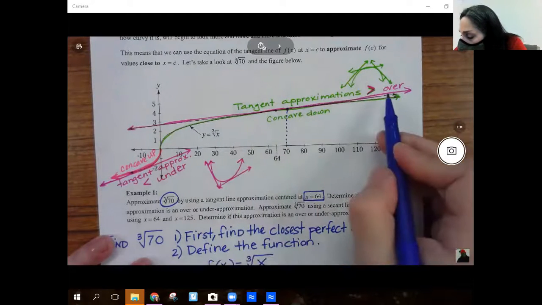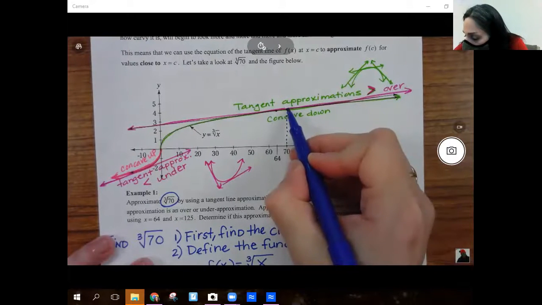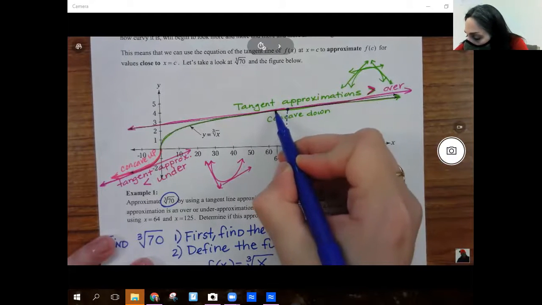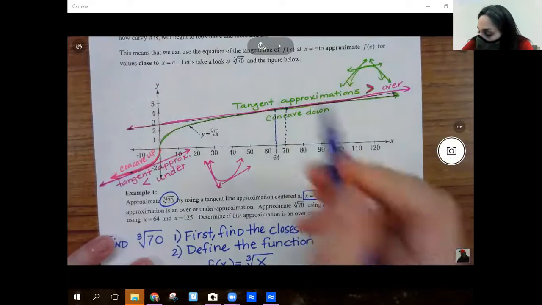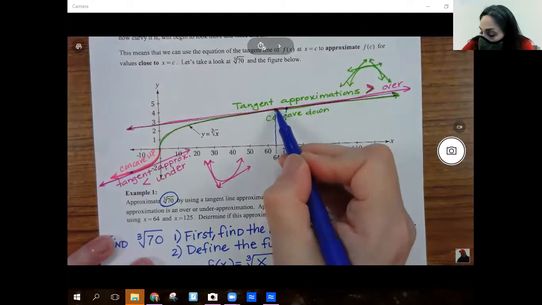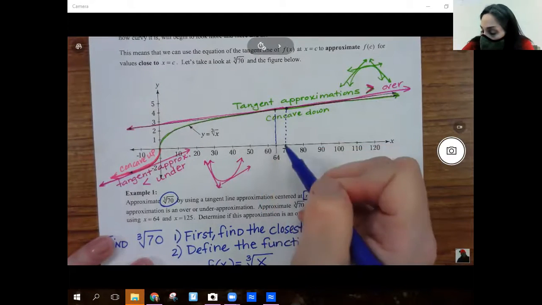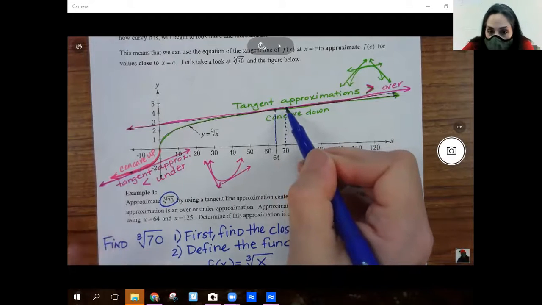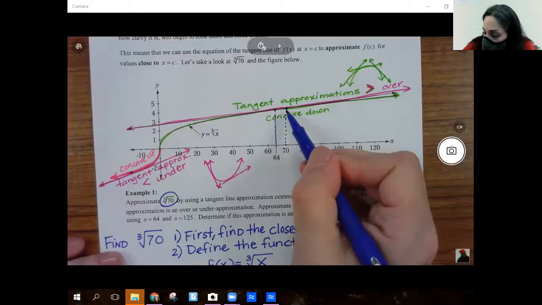The tangent line that hits at 70 has a perfect cube right at 64. So if I could estimate the tangent at 64, I could get an approximation for the tangent line at 70. They'd be super close to each other, okay? Which would then give me a y value that would be super close to the cube root of 70, okay?